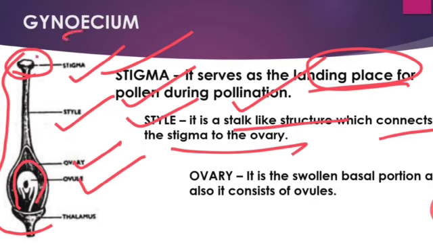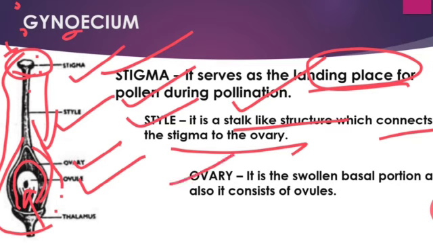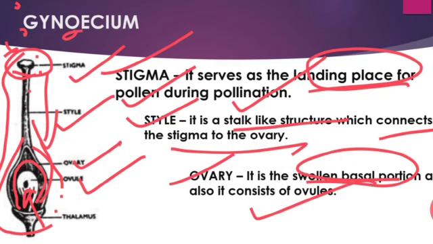The stigma collects the pollen grains, and they descend towards the ovary through the style, and then in the ovary they enter the ovule. And the last one, the ovary, is the swollen basal portion and it consists of the ovule.